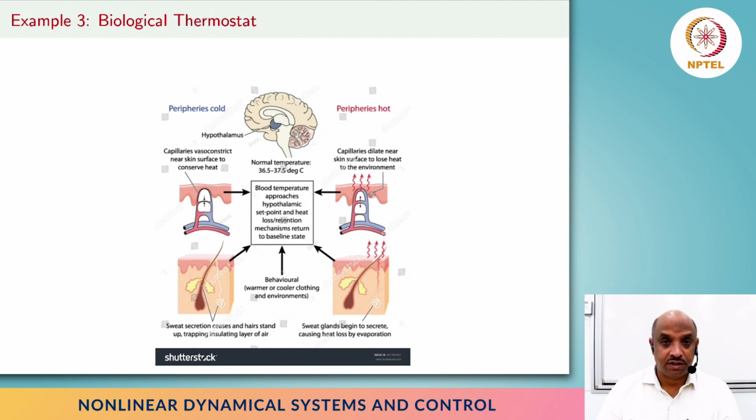So the next example, again, is part of nature and part of our anatomy, so to speak: our brain controls the temperature of our body. And again, the notion of stability here is to maintain a particular value of temperature, and if you deviate from that, can you get back? When we have severe illness, our brain is perhaps not able to, or it diverts resources to fight the illness, and then this temperature maintenance may not happen.